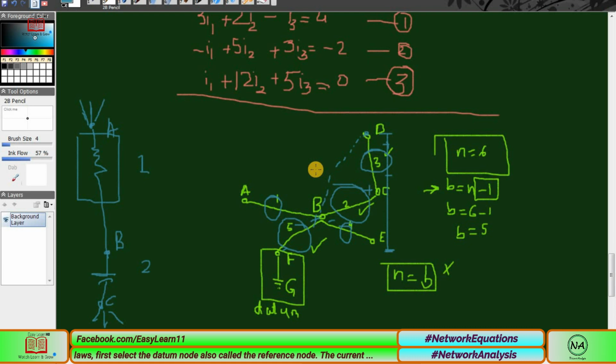Like if we skip this and just replace it with the help of a sophisticated graph or oriented graph, you can see we need to represent the two nodes here, A, B and C, and two branches are sufficient, 1 and 2. And if I write that this is branch one, the voltage of this will definitely be the voltage across the resistor. So if we calculate the voltage, what does it mean?